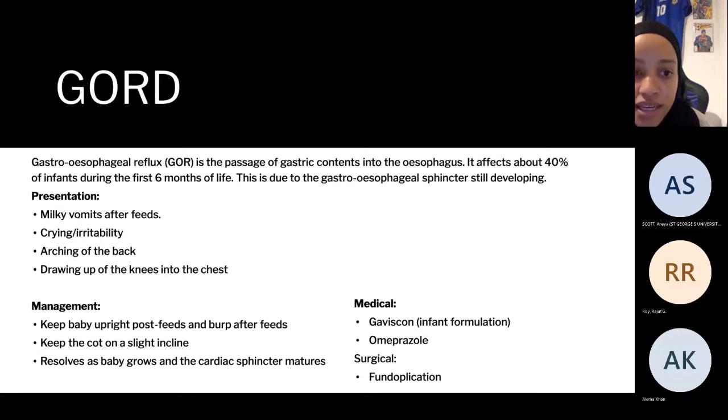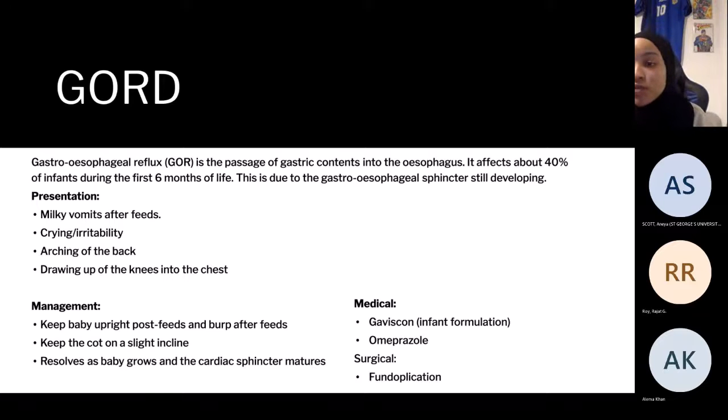Prior to that it's not fully developed, and it can cause quite a lot of issues for children. So they'll present with these milky vomits after feeds. They could also present with possetting, which is small amounts of vomit, and they might be quite irritable. They might arch their back and draw their knees into their chest. That's quite a frequent presentation.